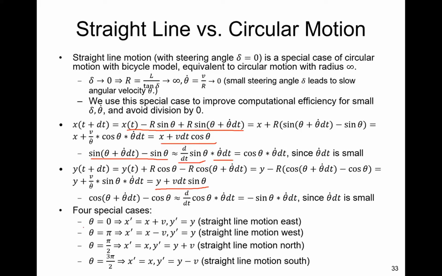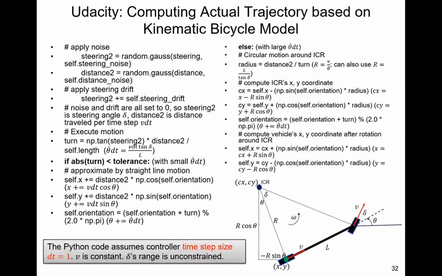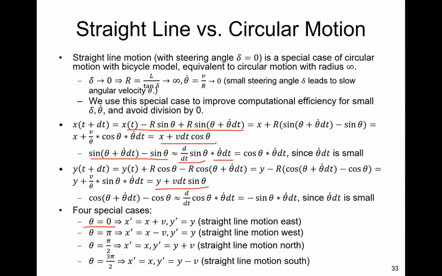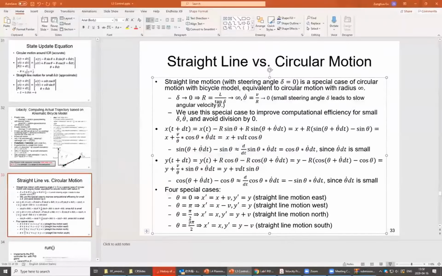So if theta is 0, theta 0 means that the vehicle heading is horizontal, or east-west. That's the vehicle heading with theta 0, and then you're traveling east. So the x is updated at every time step, and y stays constant.